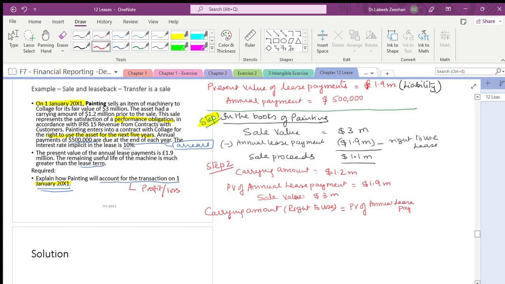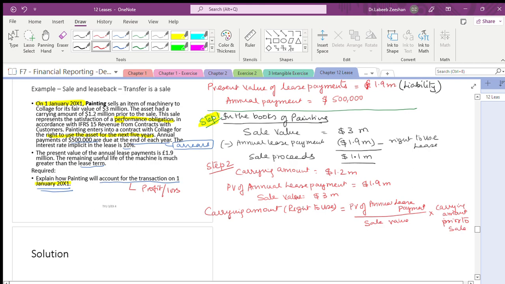Present value of annual lease payments divided by the sale value, the sale proceeds of 3 million, times the carrying amount prior to sale. This is the carrying amount prior to sale.